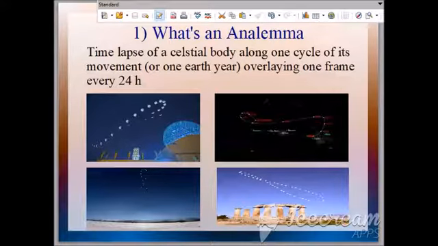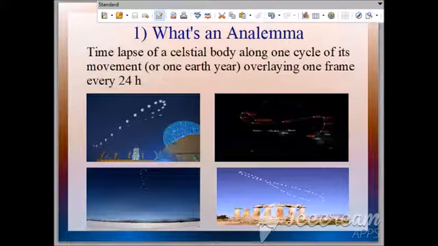For example, the one on the top left is the lunar analemma, taken for a period of a lunar month. Top right is the Venus analemma, and I'm not quite sure if this is along one Earth year or Venus year.